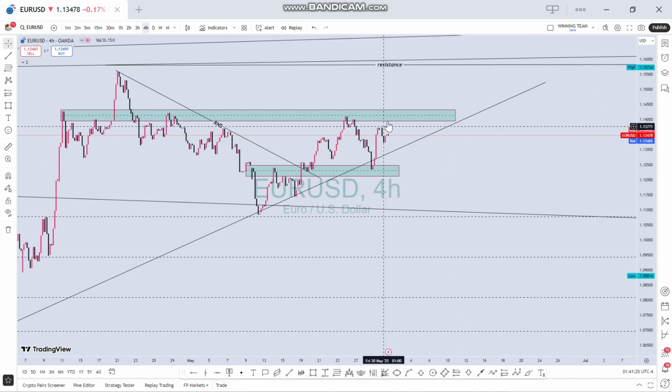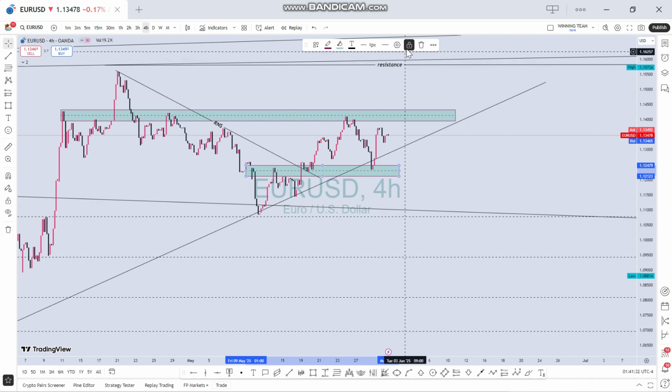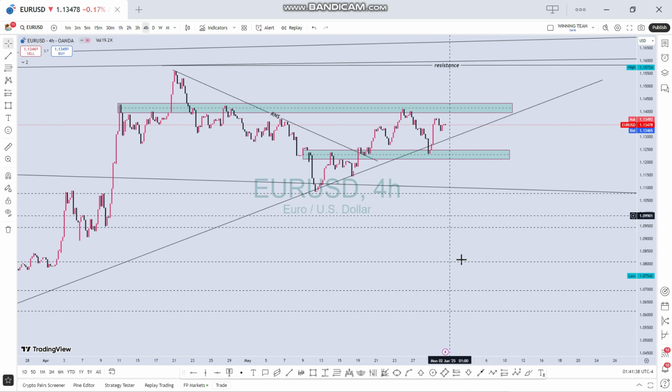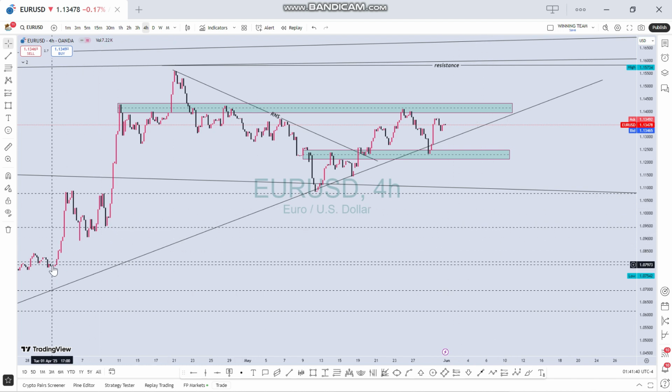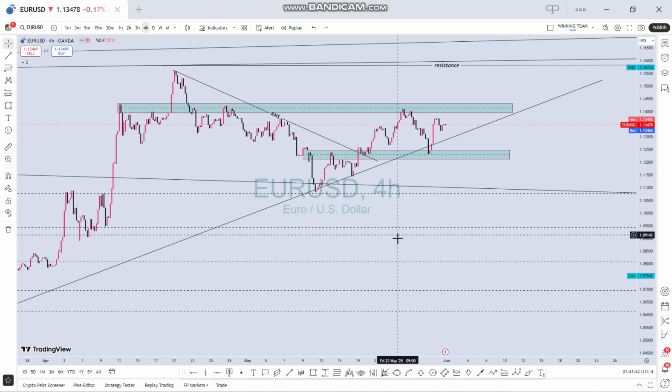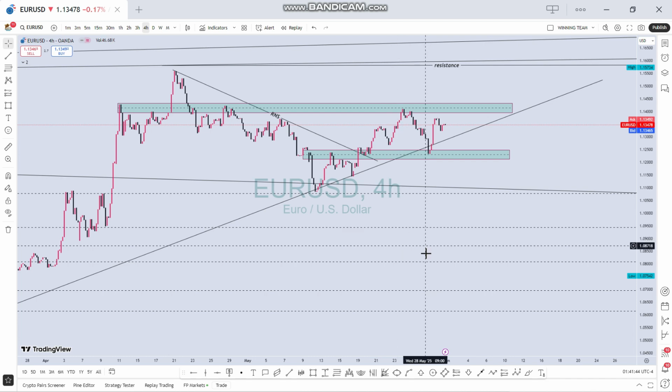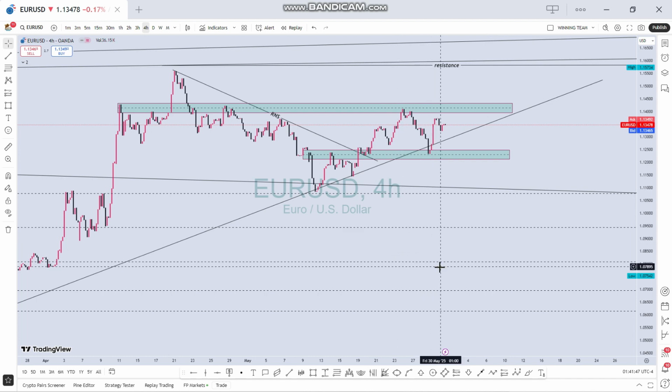But if we fail to break above that area, and we break below this support, then this will tell us that Euro USD will make a selling pressure, which means it's going to be targeting either this low here or this low down here, which is going to be the 50% of the Fibonacci or the 61% of the Fibonacci.